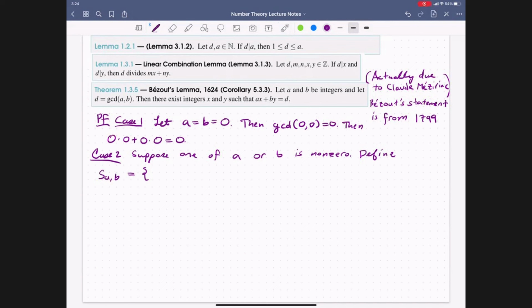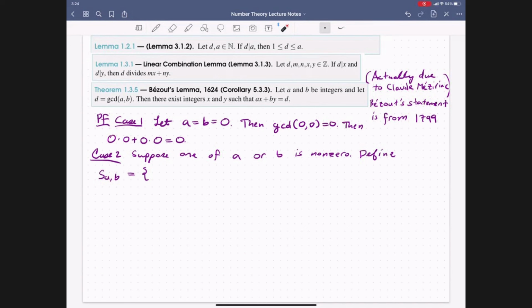Well, in this case, we're fixing a and b, hence the subscripts. And what we want to show is that this d is the greatest common divisor. The intuition is that we want to create a set that has all the positive linear combinations of a and b. And we want to then show that the least element in that set, via the well ordering principle, is the GCD that we want.